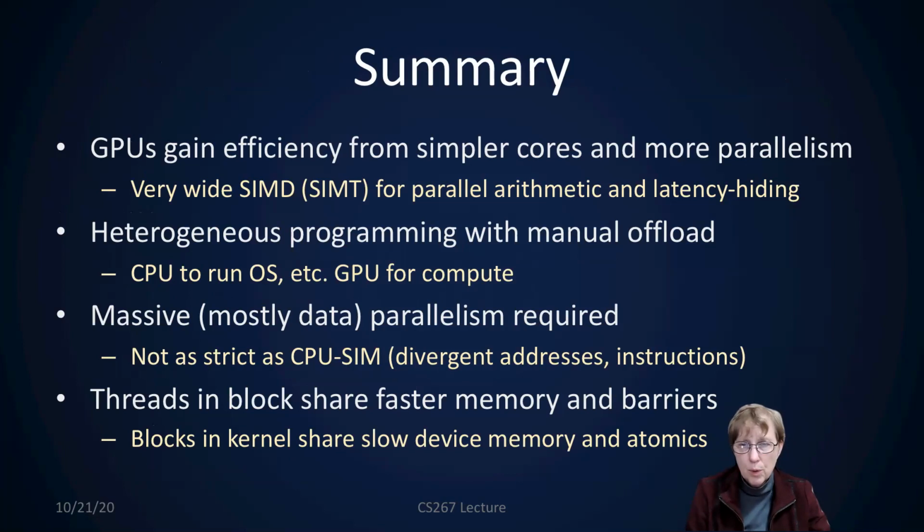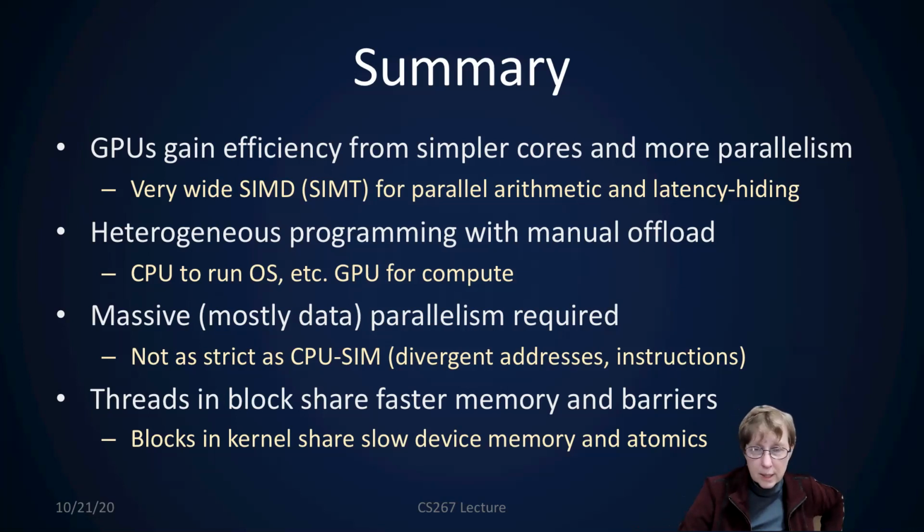But you can also have more thread divergence that the hardware is going to try to schedule efficiently for you and not leave so many of the hardware threads idle. That's what's behind this SIMT thing. But still, the best way to think about it is one big data parallel operation. And that parallelism is both for giving you parallel performance in terms of the arithmetic, but also for latency hiding. That's why it's wider than the hardware.